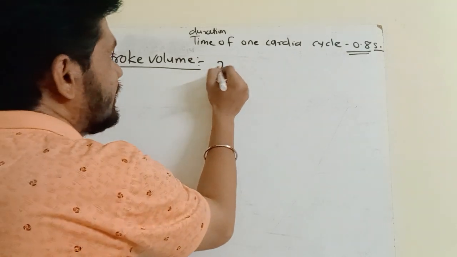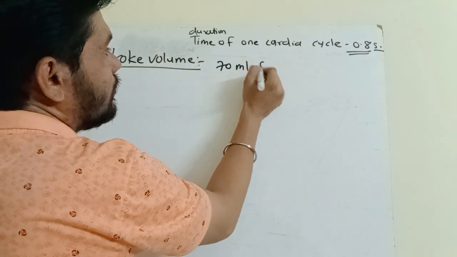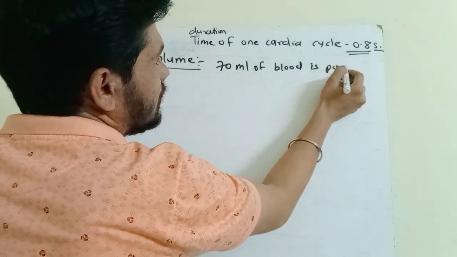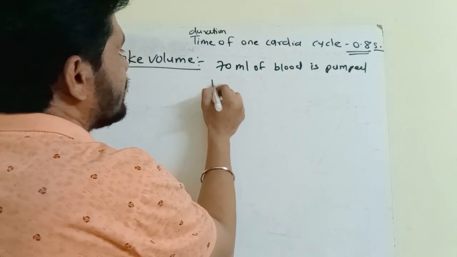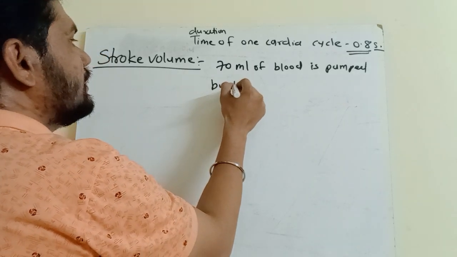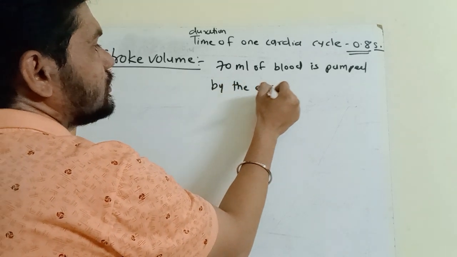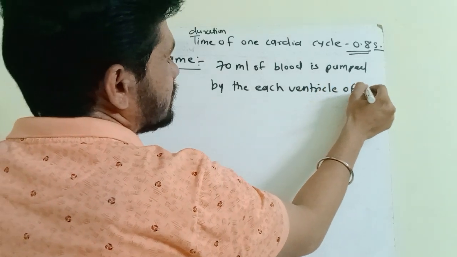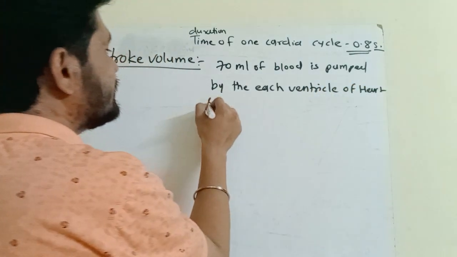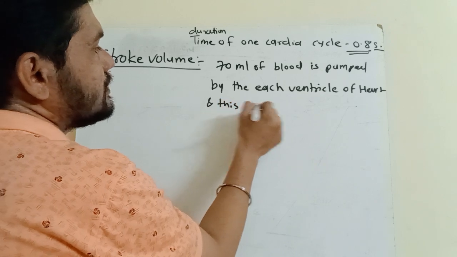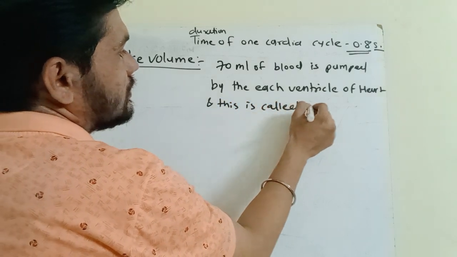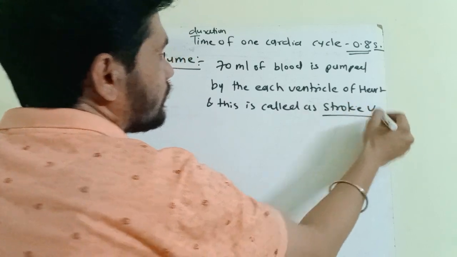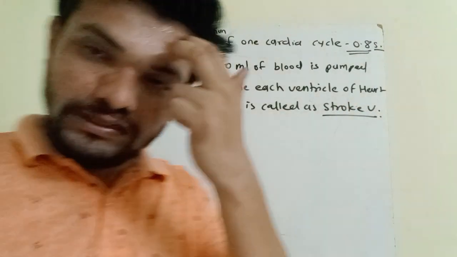The 70 ml of blood pumped by each ventricle of the heart is called stroke volume. This is the first thing you have to remember.